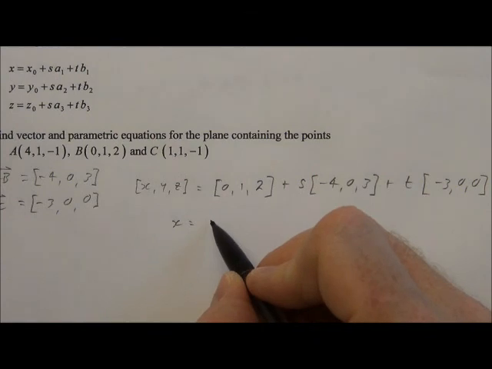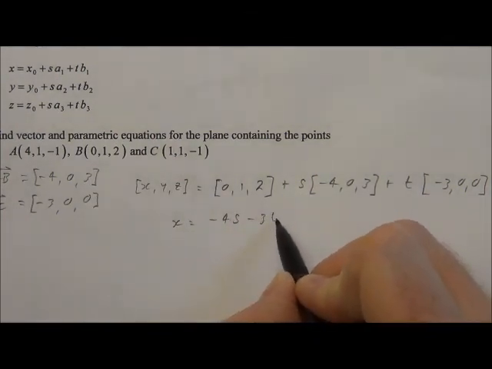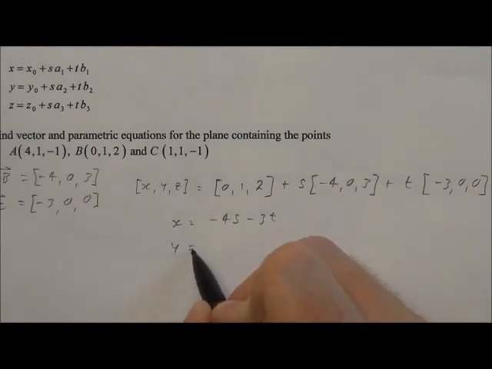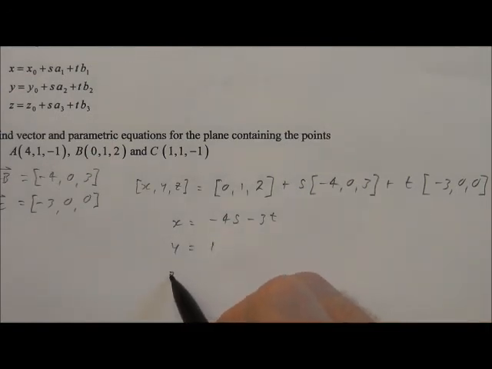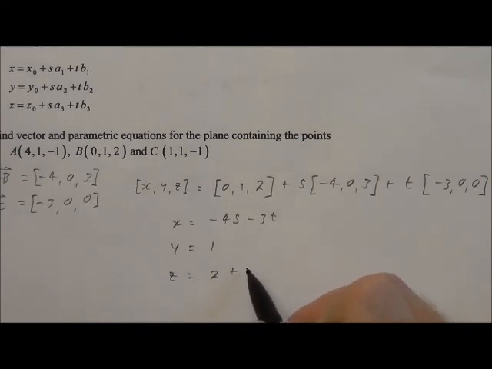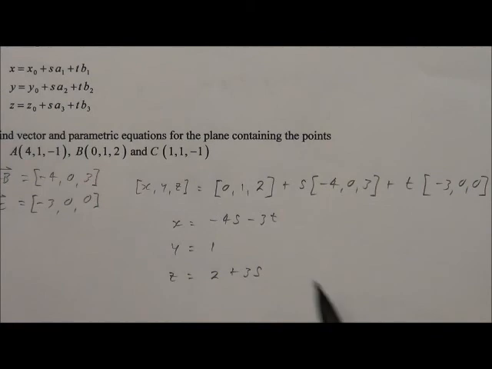So I have x equals -4s minus 3t, y equals 1 plus 0s plus 0t, so that just is y equals 1, and z is 2 plus 3s, and of course plus 0t. So those are the 3 parametric equations for this plane.